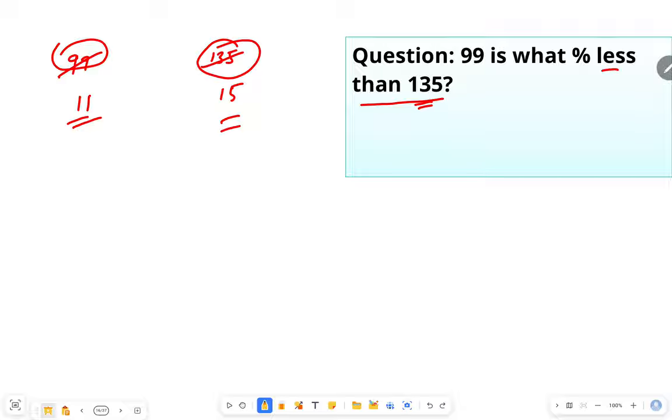Look at what it is saying, less than. 15 is more than 11, and 11 is less than 15, less by 4 actually. So you will write 4 here and 15 here, and multiply it with 100. If you divide it with 5, it will give 3 here. We can divide it, right?